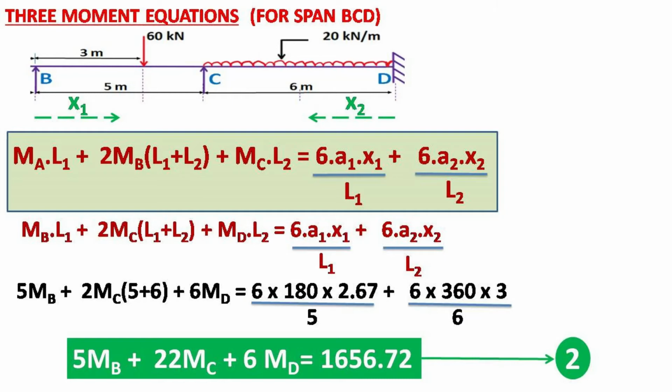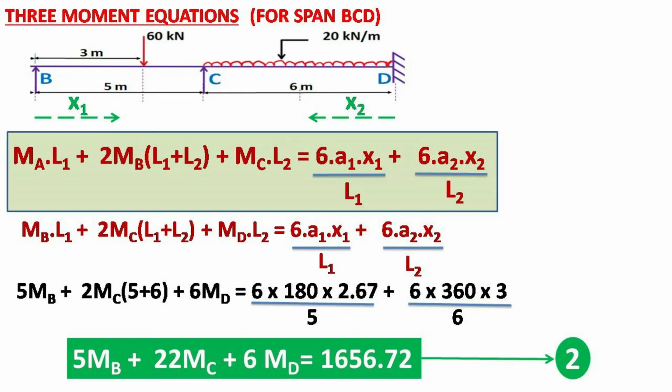Now, the equation becomes 5 times MB plus 2MC times 5 plus 6 plus MD times 6 equals 6 times 180 times 2.67 divided by 5 plus 6 times 360 times 3 divided by 6.